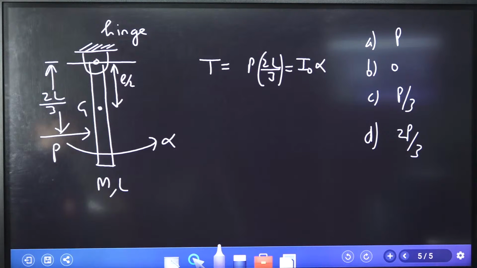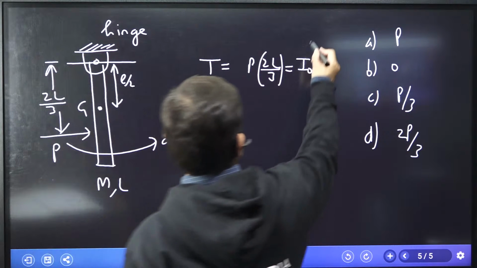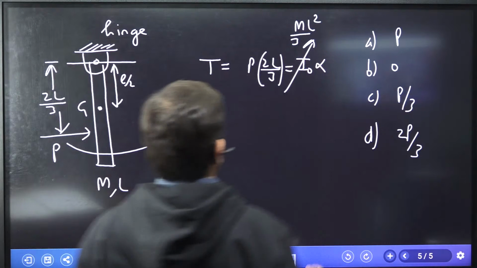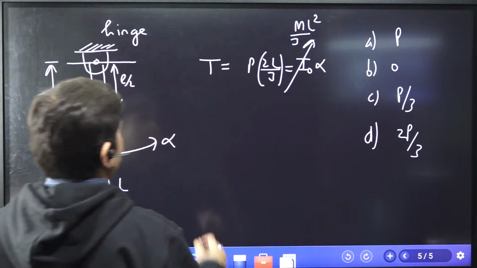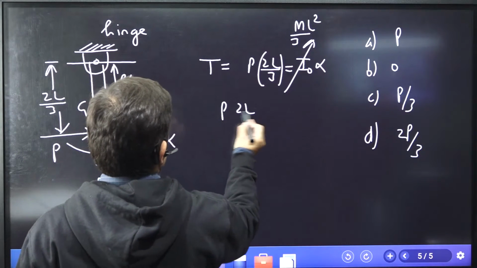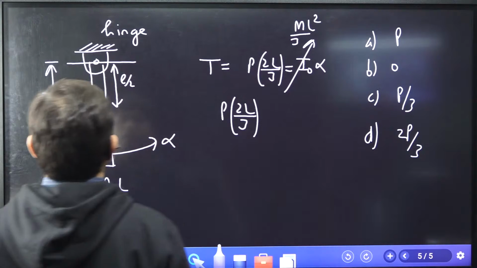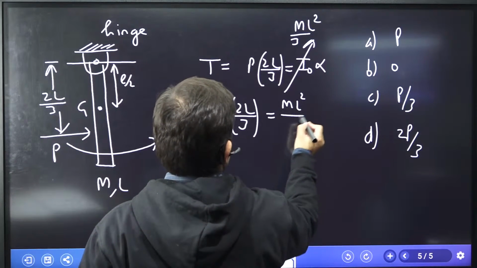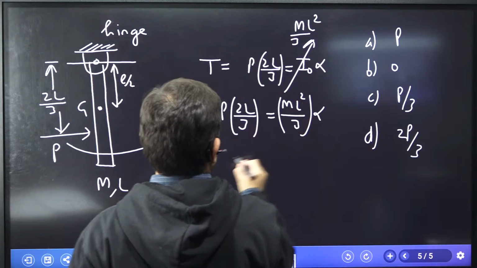Acha, can you tell me what is I naught? What is the moment of inertia about this point? That we know, ml square by 3. Agree or not? So ml square by 3. So P into 2l by 3, that is the torque applied, is equal to ml square by 3 into alpha. Can you tell me what is alpha?